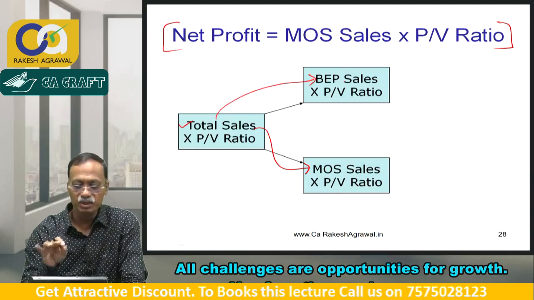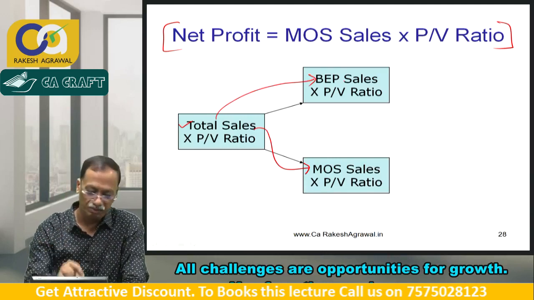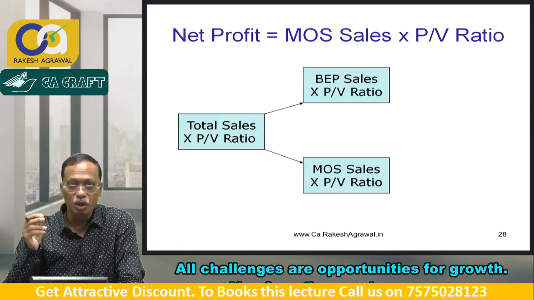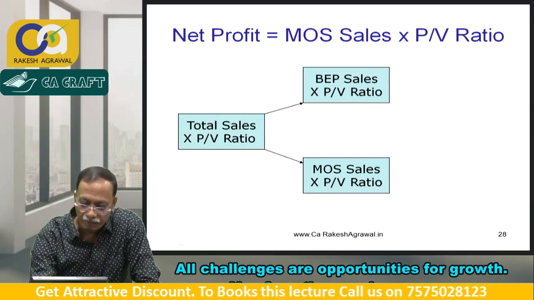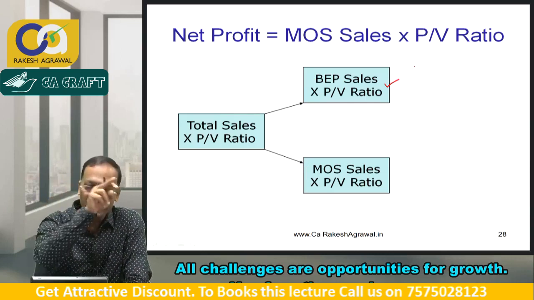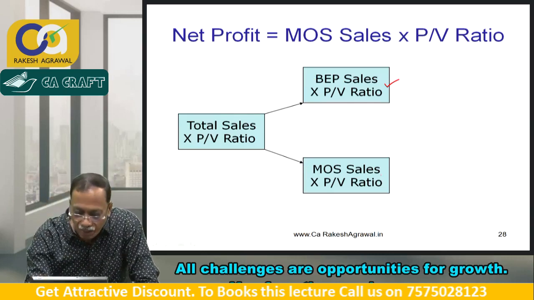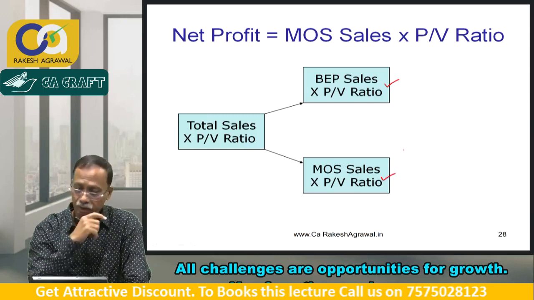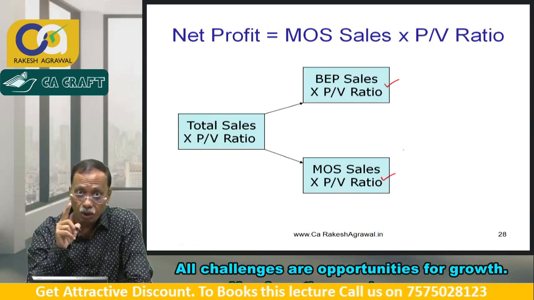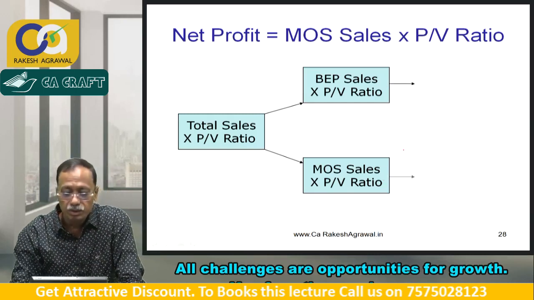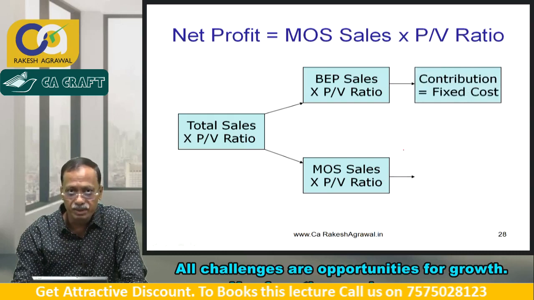BP sales into PV ratio gives contribution at BP, and MOS sales into PV ratio gives contribution at margin of safety sales.